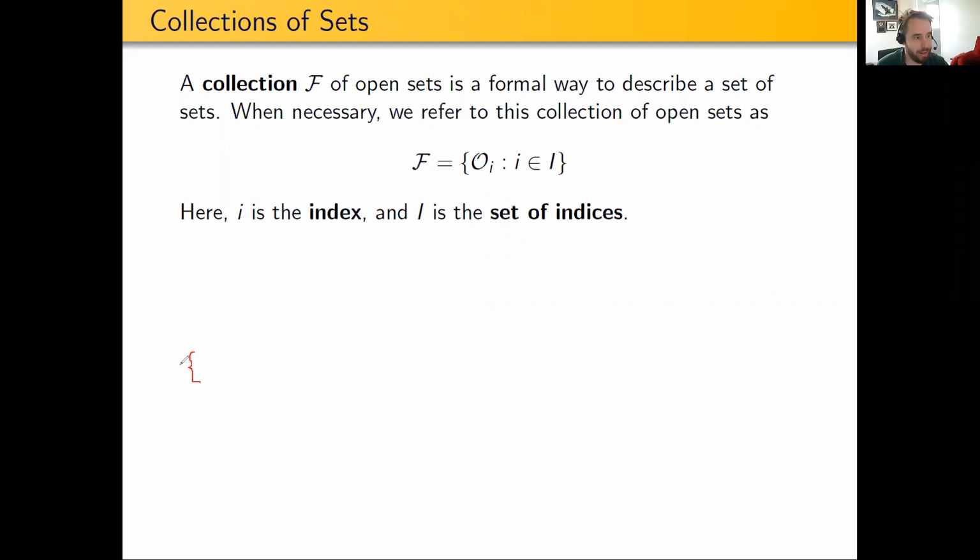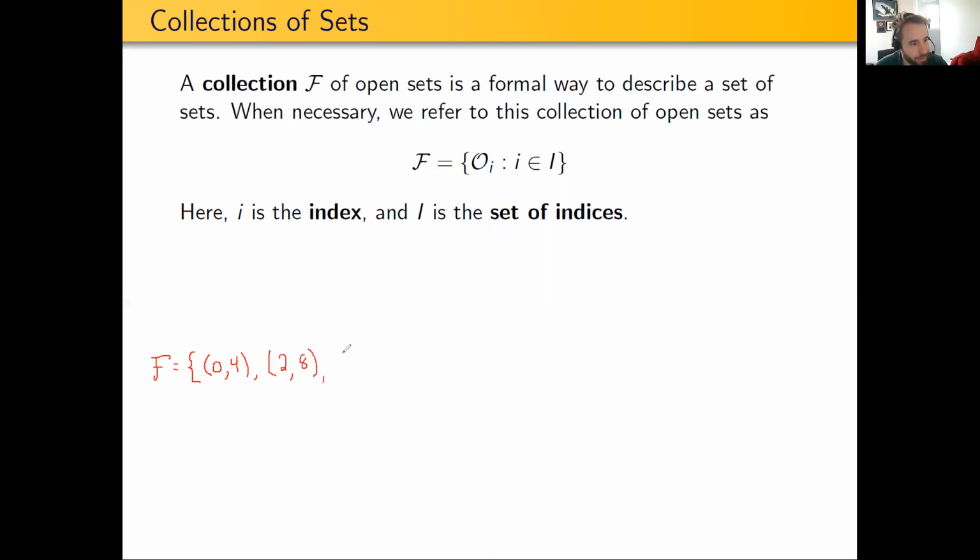So this will be a collection where script F is equal to the set containing, let's say, the open interval 0 to 4 as one element, the open interval from 2 to 8 as another, and the open interval from, let's say, 7 to 11 as our third.